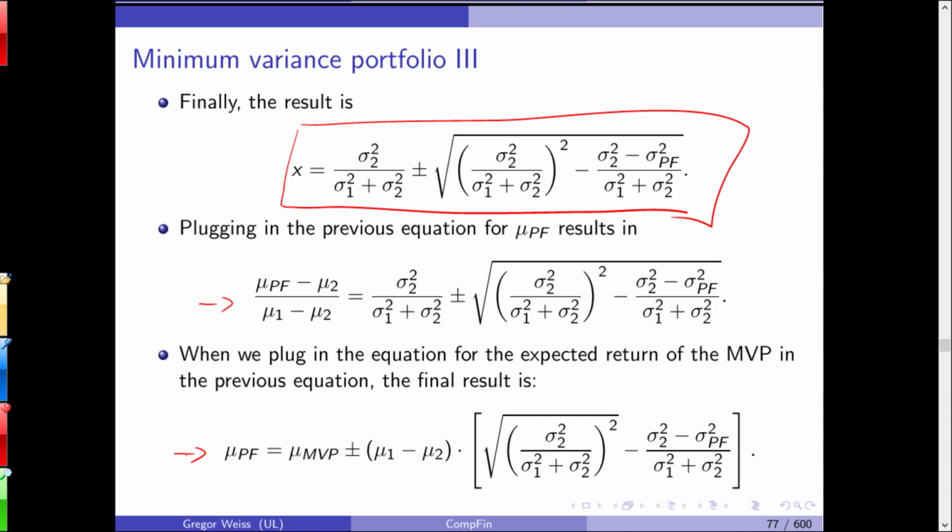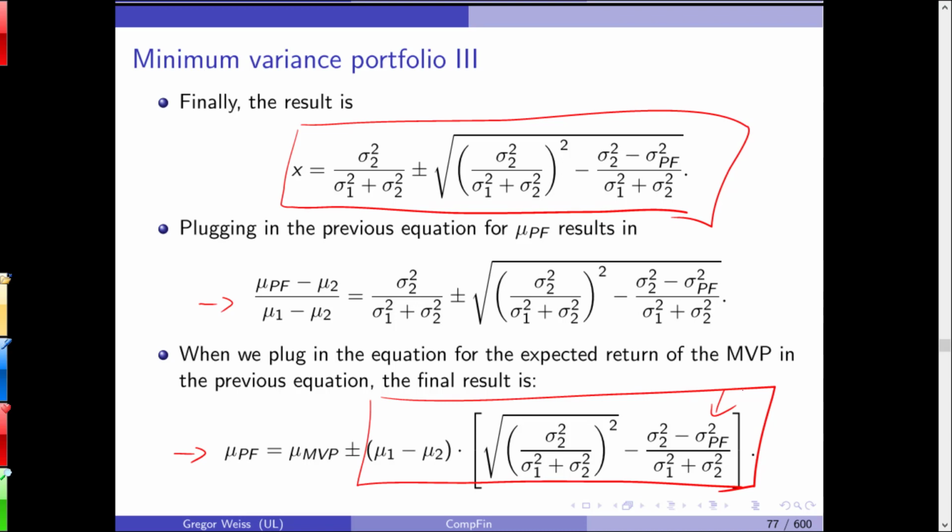The portfolio return on any portfolio is given by the expected return of the minimum variance portfolio plus minus this expression here, and it depends on the variance of the portfolio.